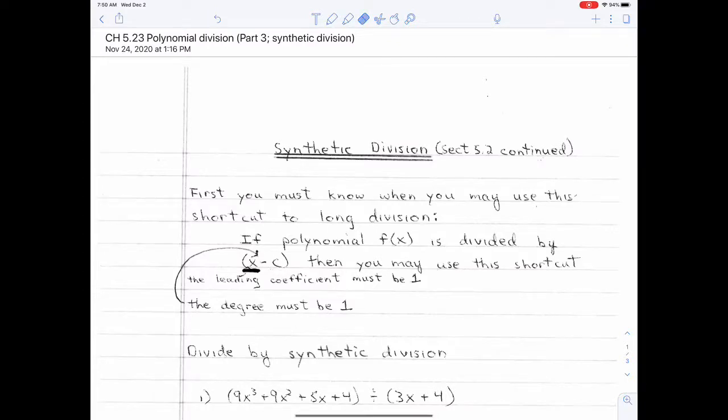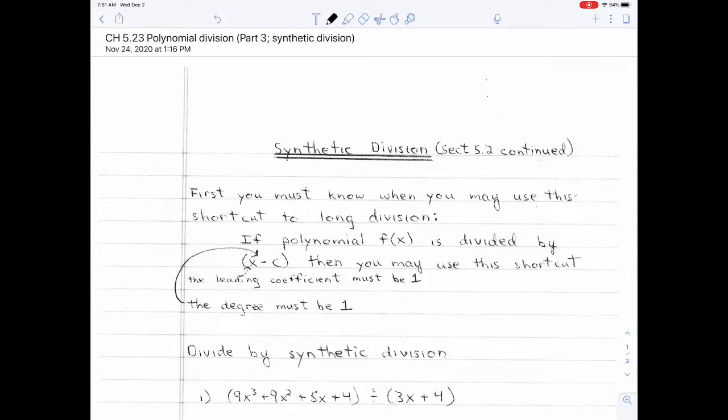That'll just kind of happen. But it's got to have a leading coefficient of 1, and the variable exponent must be 1. So since there's no leading coefficient explicitly written in this problem, its coefficient is 1, and since there's no exponent written, it's understood to be 1 on the variable.